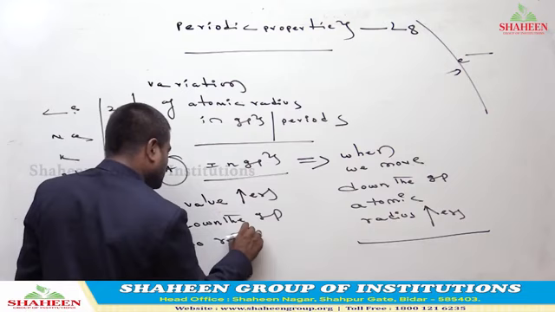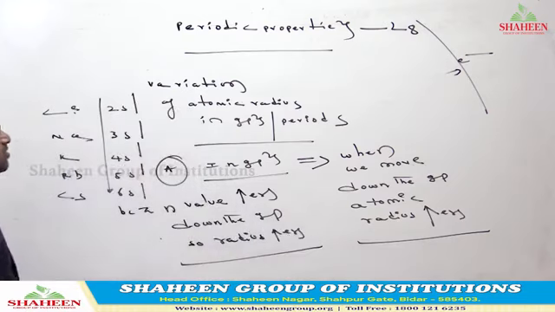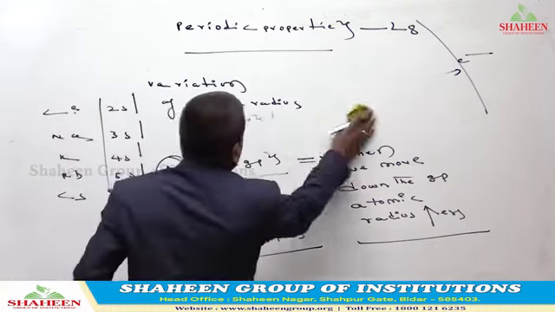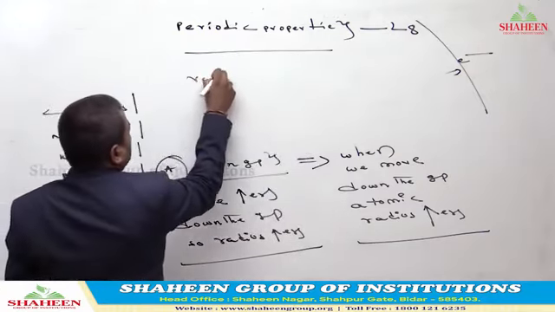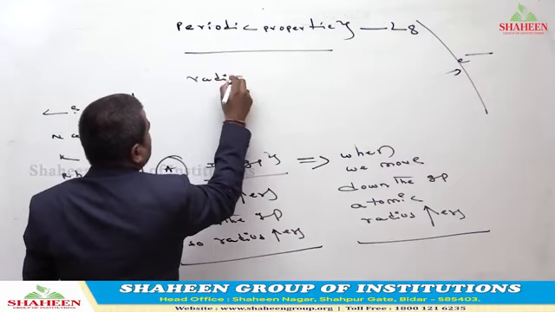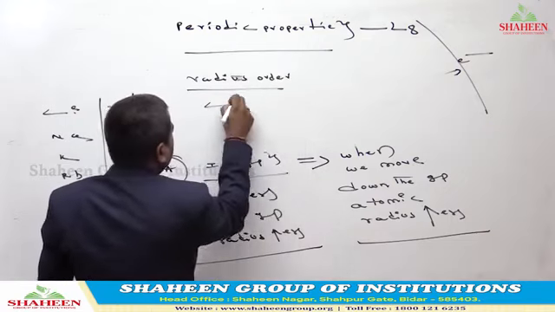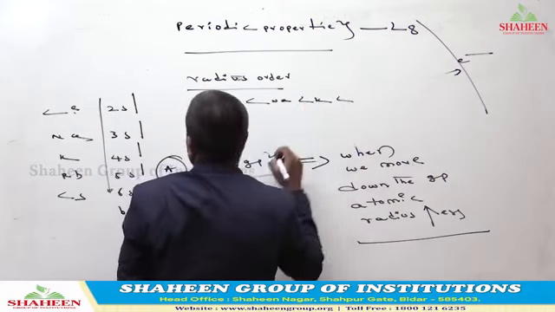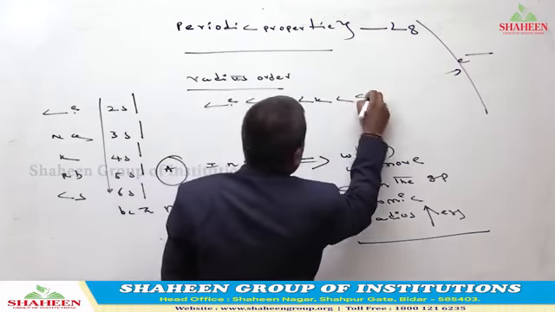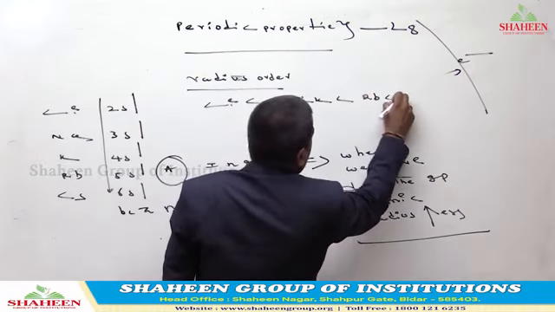So the radius order is lithium less than sodium, less than potassium, less than rubidium, less than cesium.